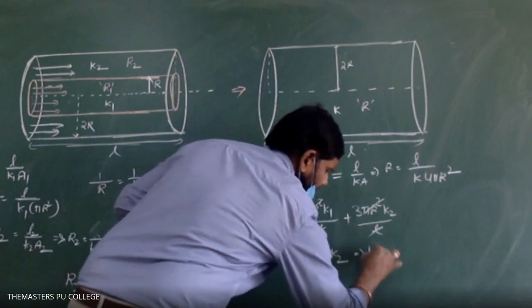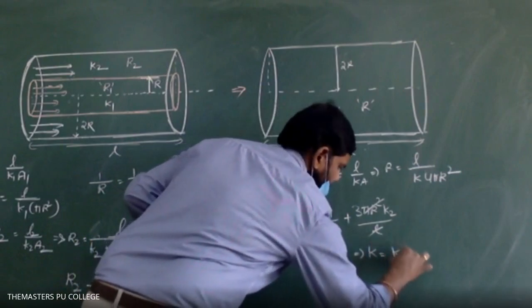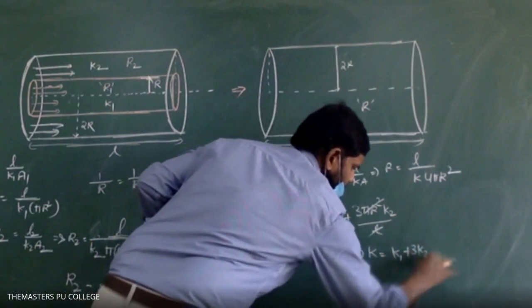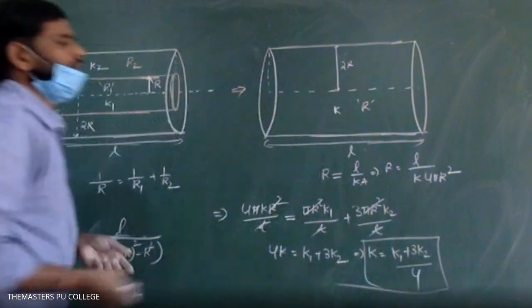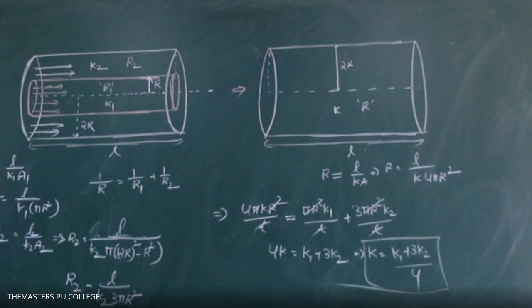That implies K equals K1 plus 3K2 divided by 4. This is the equivalent thermal conductivity of the system.